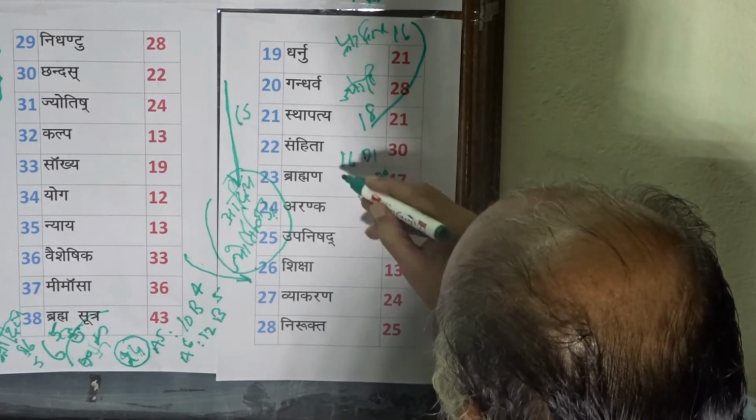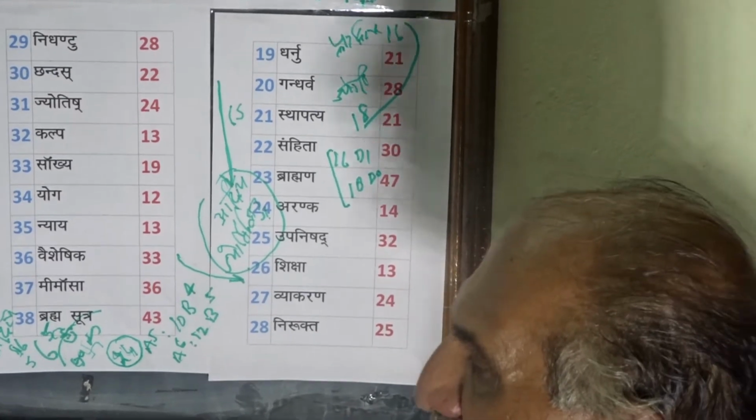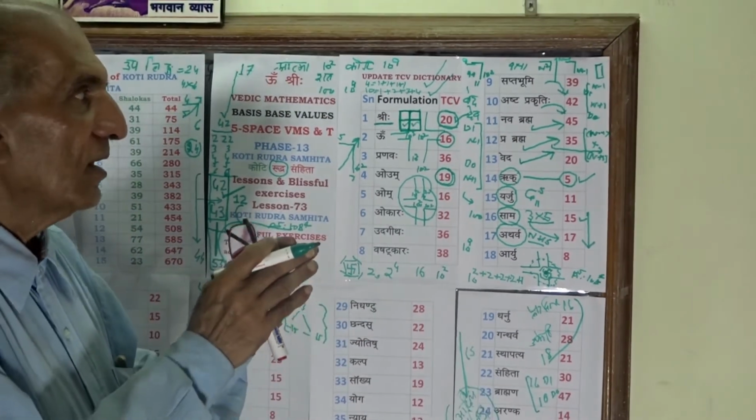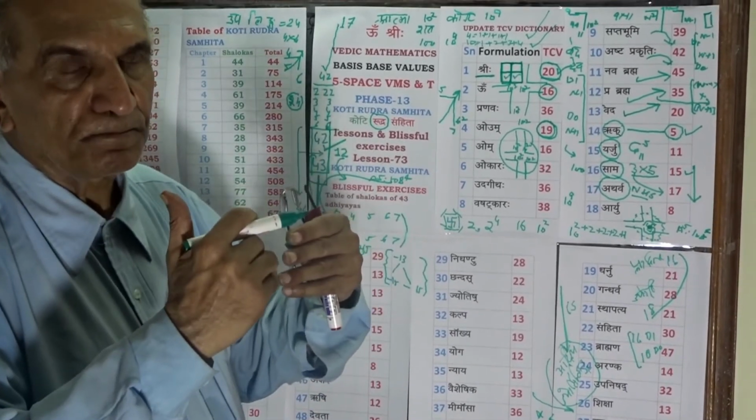It is this relationship, this feature, this value, this format which is going to be the ultimate feature, the ultimate format, the ultimate value which is to be imbibed by us.